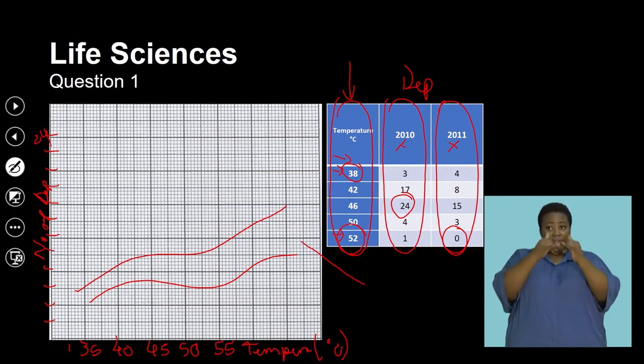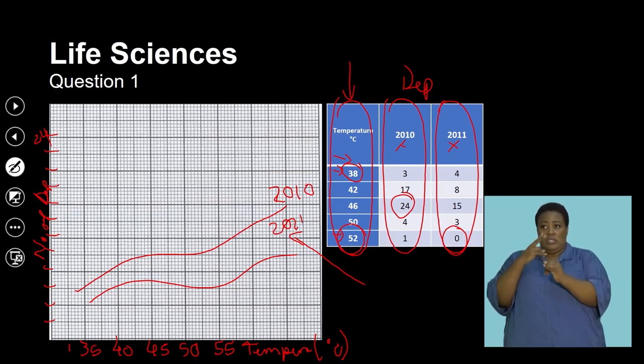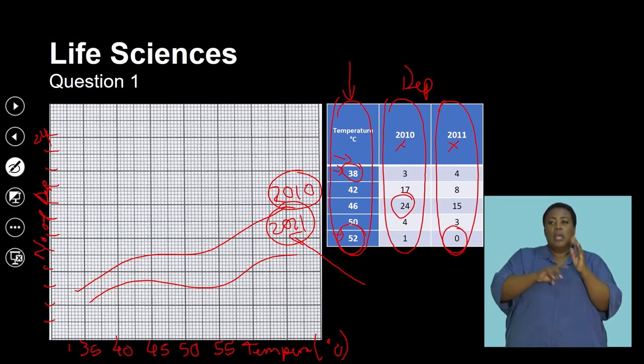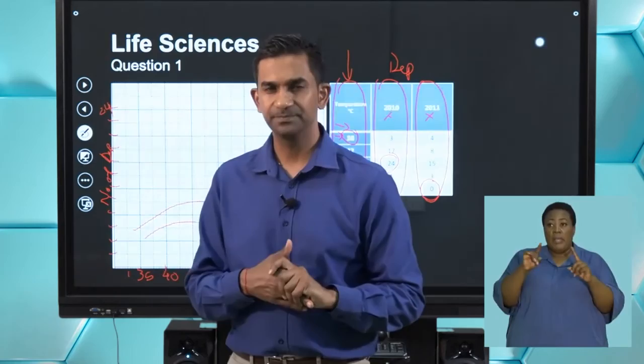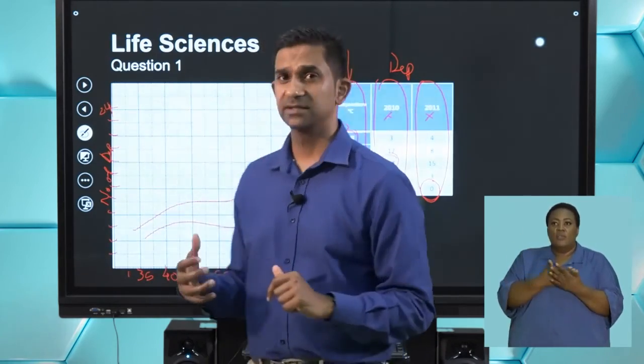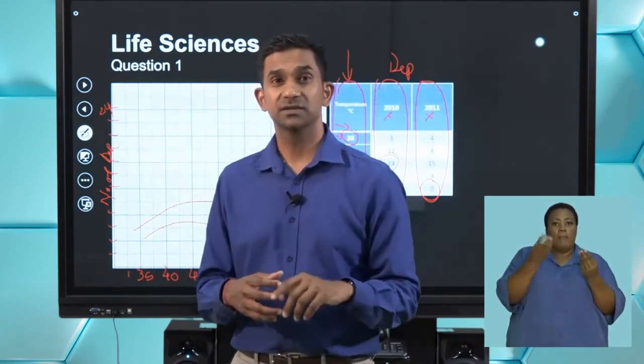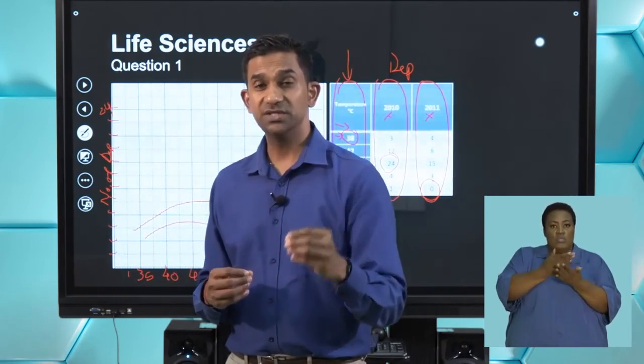It's important that when you have these lines you label them, in this case the year 2010 or 2011. Notice that I've not plotted these points using the rules, I've just given you a schematic representation because we're running out of time, but you're going to have to complete this, and you're welcome to download these notes and the PowerPoints as well as the study notes and use these to complete this activity.